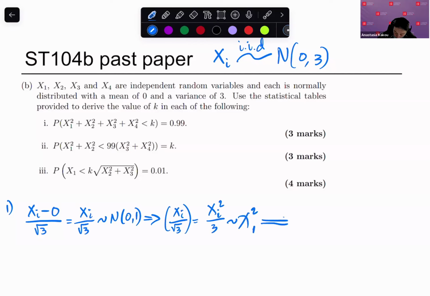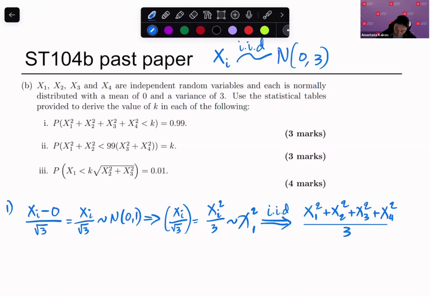And then when you are adding independent chi-squares, you're just adding the degrees of freedom. So you end up with x1 squared plus x2 squared plus x3 squared plus x4 squared over 3.